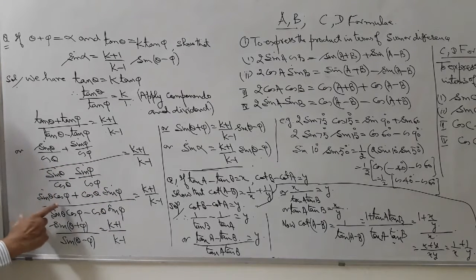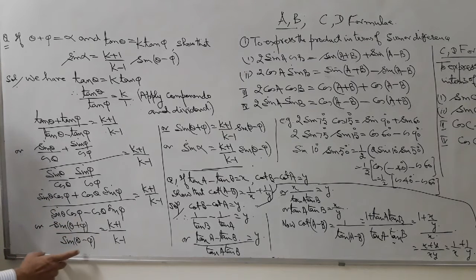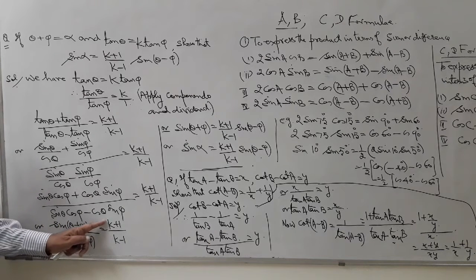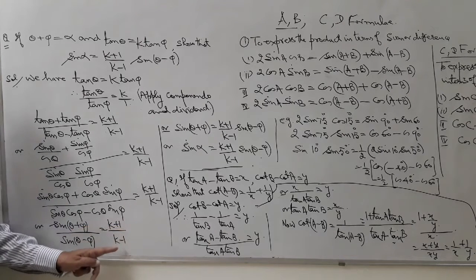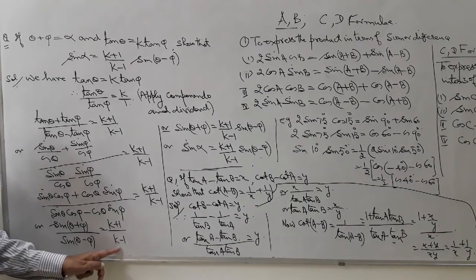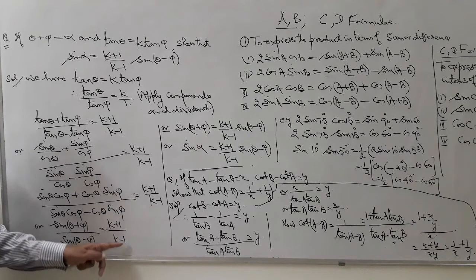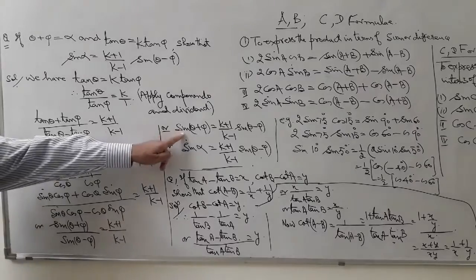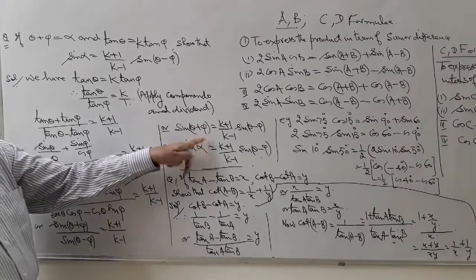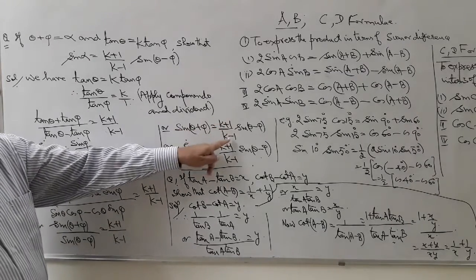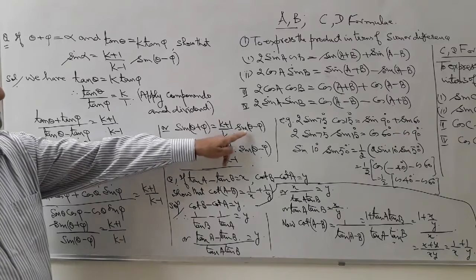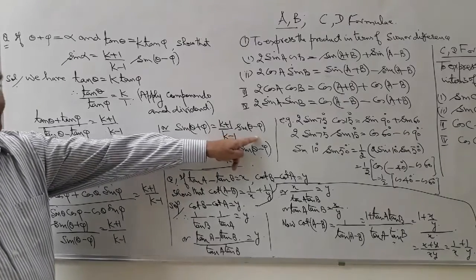It is sine of a plus b. Sine theta plus phi over sine theta minus phi is k plus 1 over k minus 1. I think it is clear. So we say sine theta plus phi is k plus 1 over k minus 1 sine theta minus phi.